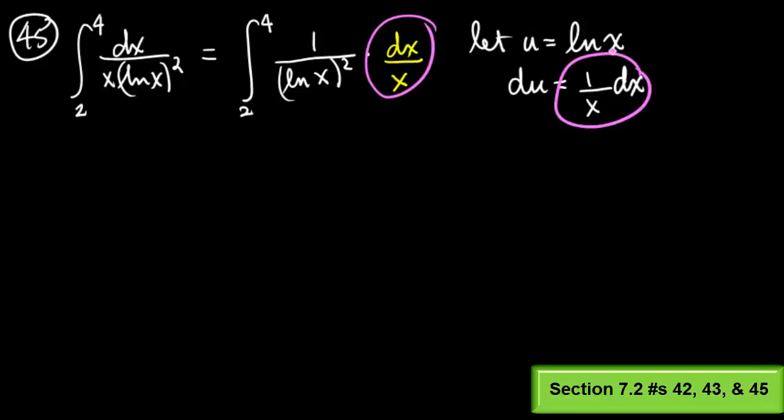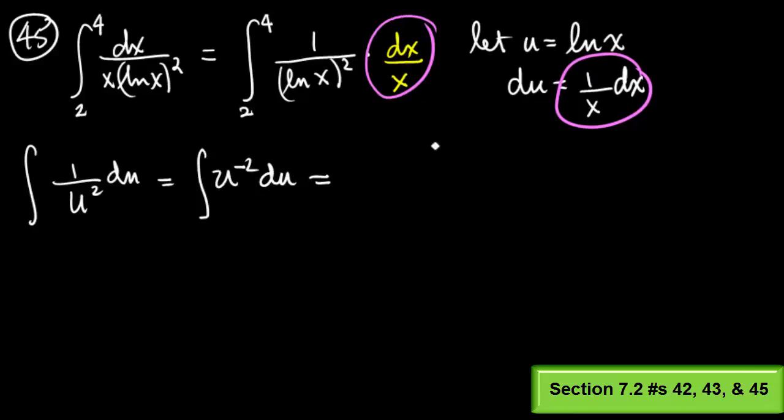So now let's rewrite everything. It becomes the integral of 1 over, remember our u is the natural log of x, so this becomes 1 over u squared du. And that's again an application of the power rule. It's going to be u to the minus 2 du, which is equal to u to the minus 1 over minus 1.